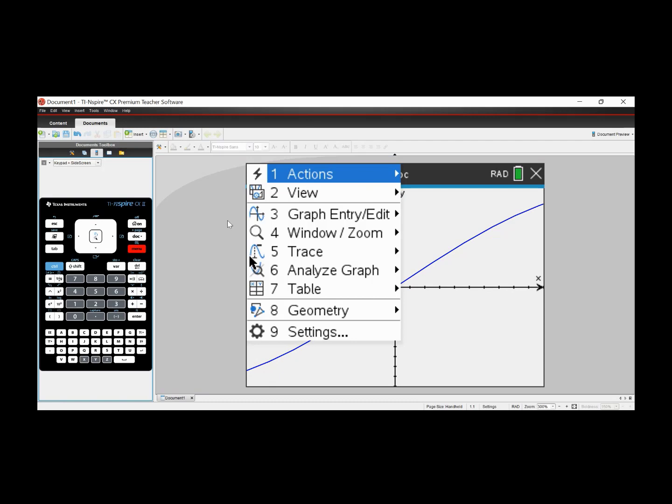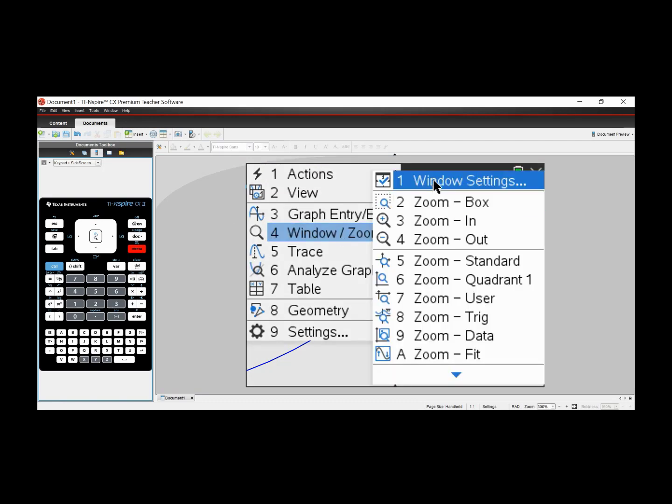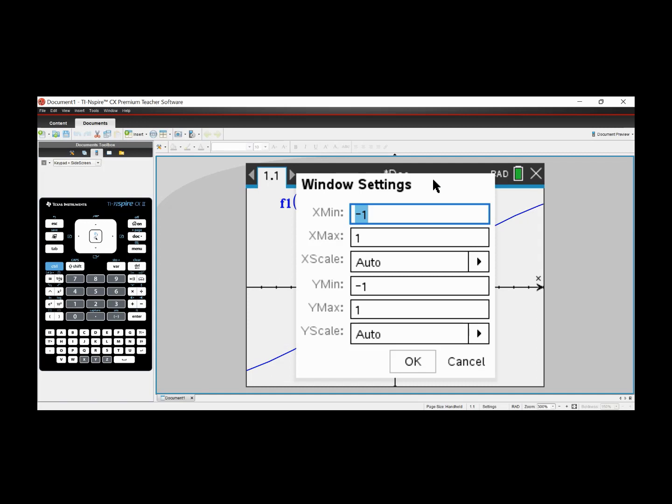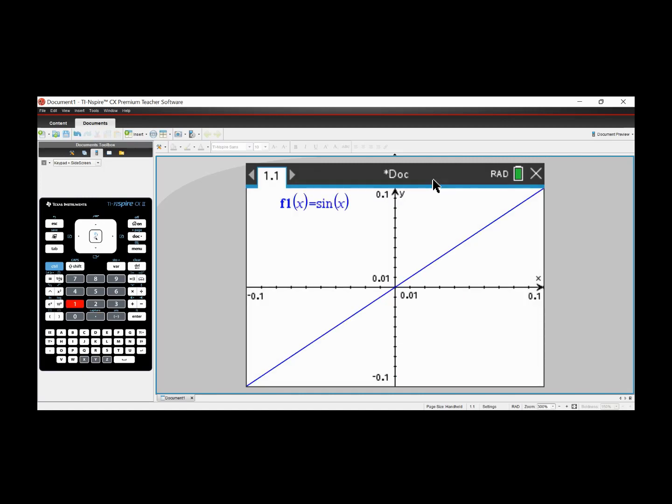Now, because it doesn't look like a sine curve, I'm going to go to window zoom and window settings again. This time, -0.1 to 0.1 and -0.1 to 0.1. I have zoomed in so much that it looks like a straight line.